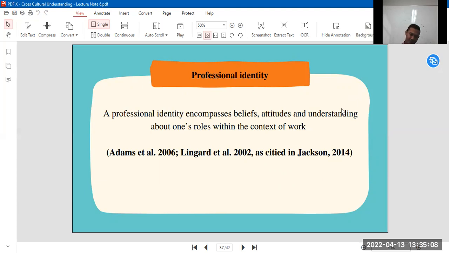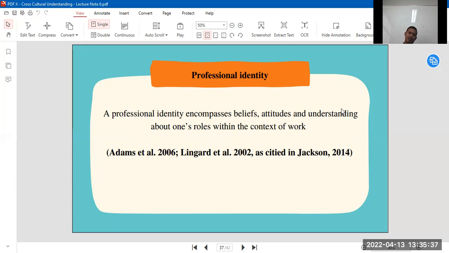Let's say when I'm teaching, I am a teacher, I am a nurse, I am a businessman, I am a policeman, and so on and so forth. And here we bring our professional identity as a teacher, as a doctor, and so on.